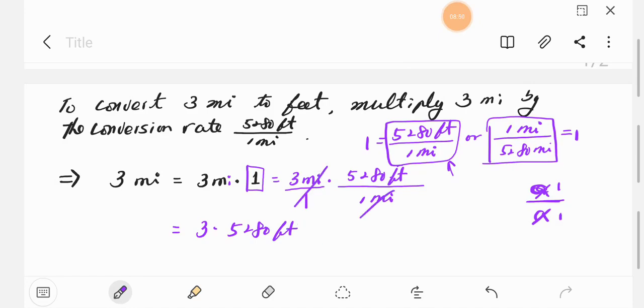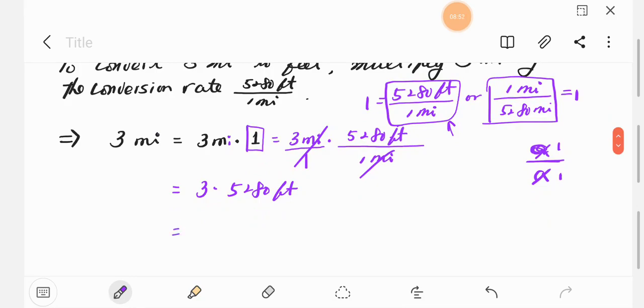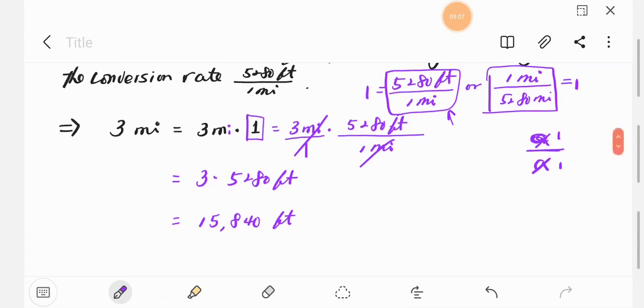So 3 times 5280 feet, use a calculator, that is equal to 15,840 feet. So we just converted miles to feet. So it is really important that you replace 1 with a conversion rate, one that removes the unit that you want to convert.